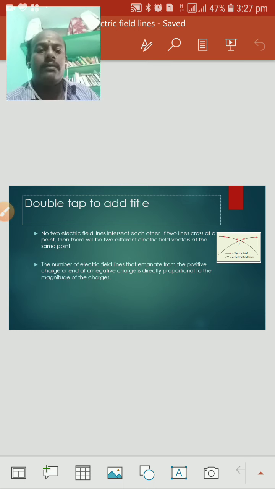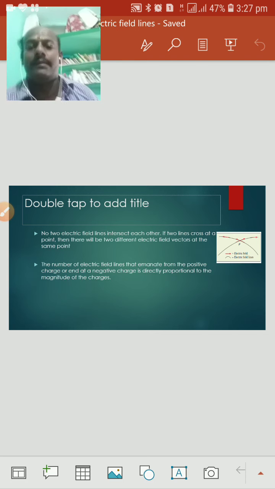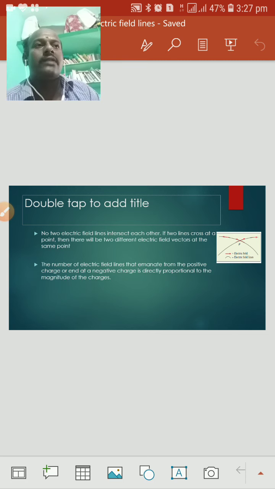If so, at the point of intersection you would find two directions originating at that point. So the intersection of electric field lines is not possible.